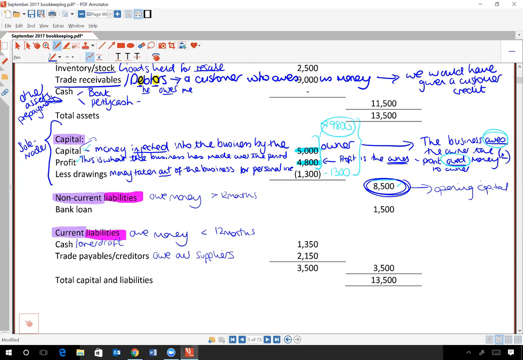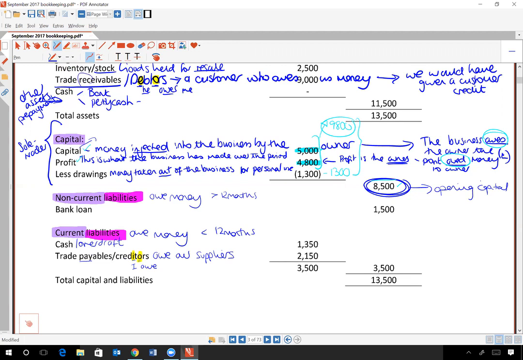The way I remember this as a student, because I really struggled with debtors and creditors, is I owe money to somebody. That's how I remembered it when I was training. And with trade payables, you are paying your suppliers.